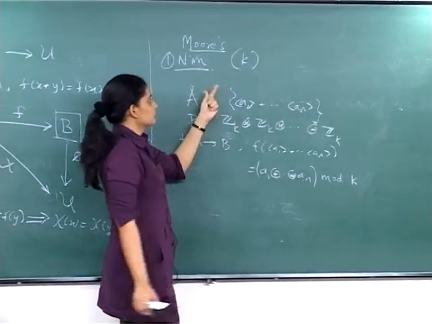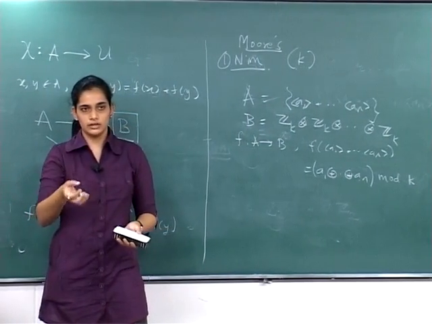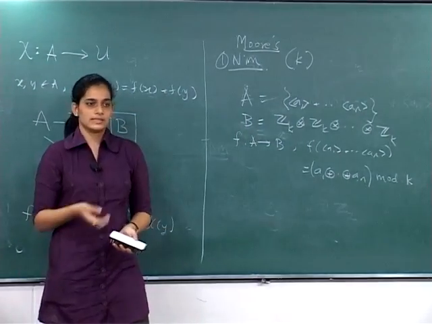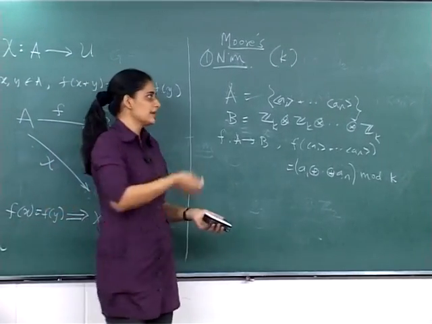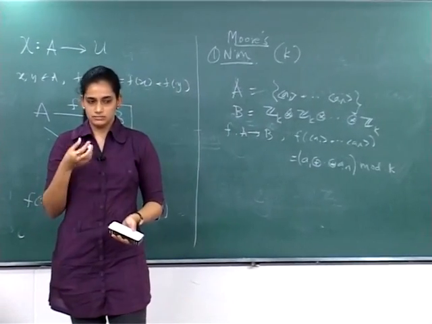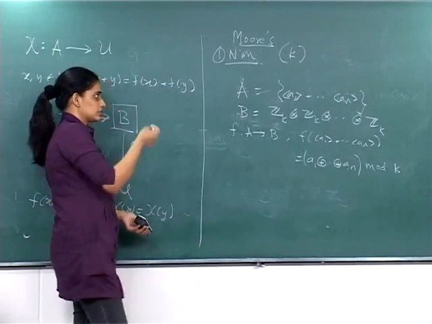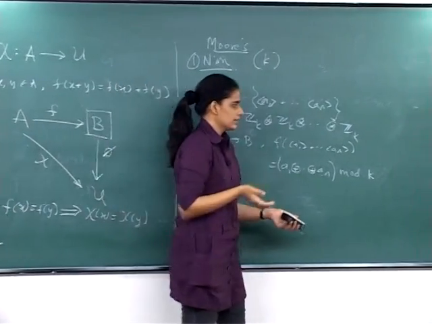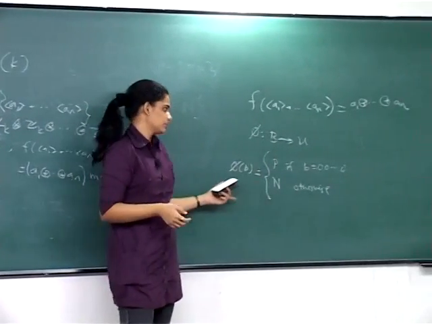So when it is modulo k, if we want to make a configuration even given odd, sometimes it is necessary to add a certain number of files. That is why in Moore's NIM we have an additional set of moves available in which we can add a certain number of counters. So that is there to ensure that given an N position, I can always make it to a P position.